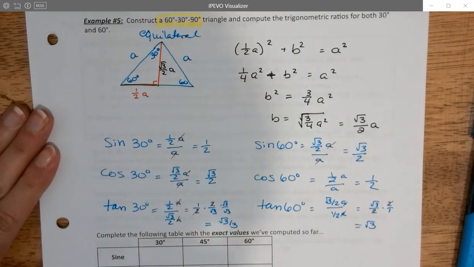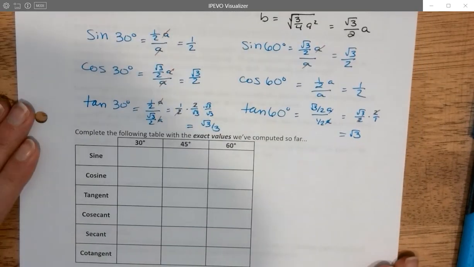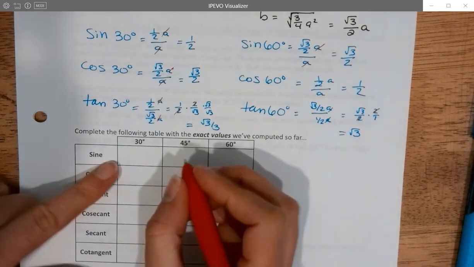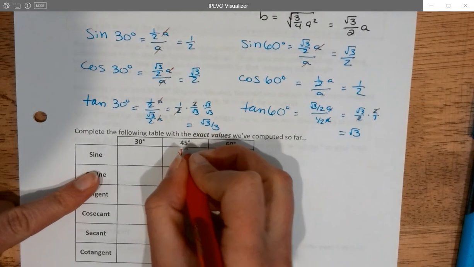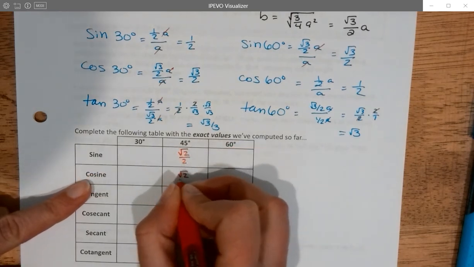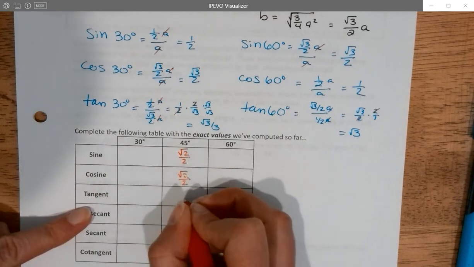So, I want to complete the table with the values that we found so far. Let's fill in the table for the 45, 45, 90 first from our previous page. In the center, for the 45, the sine of 45 was the square root of 2 divided by 2. The cosine was the square root of 2 divided by 2. The tangent was 1.